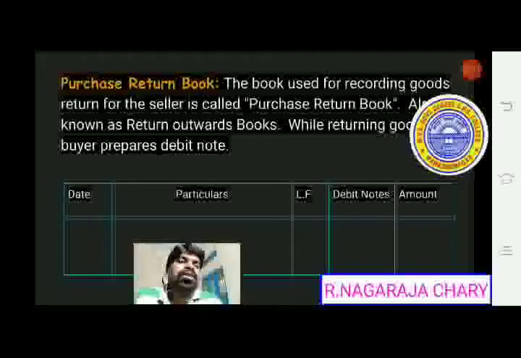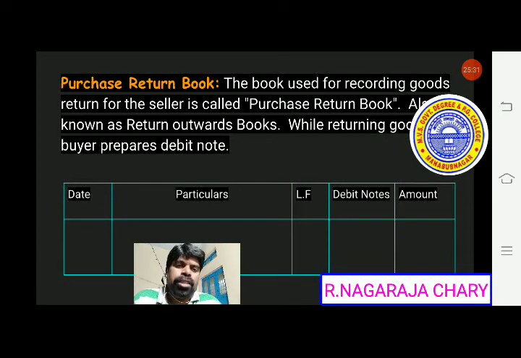Earlier we may have purchased 1 lakh rupees worth of goods, and in that we may return 5,000 or 10,000 rupees worth of material. How much value of material we are returning, you have to write here. So, that is the purchase returns book. Already we purchased material from suppliers on credit basis.